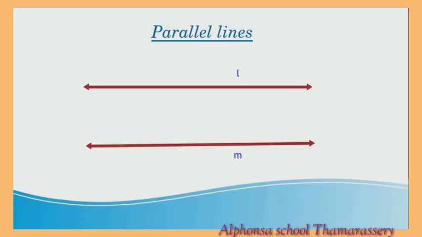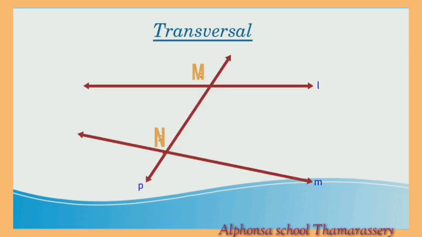Parallel lines. Parallel lines are lines on a plane that do not meet anywhere. In the figure, line L is parallel to line M, and this fact is denoted by L parallel to M. Transversal.